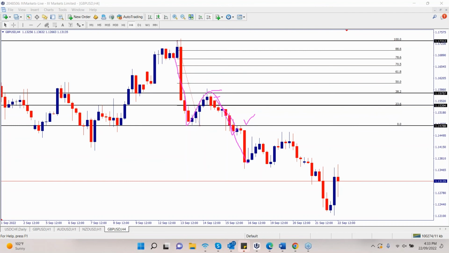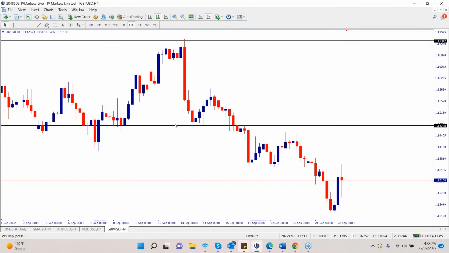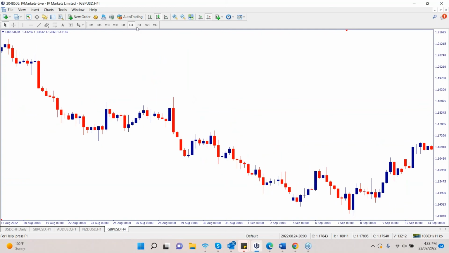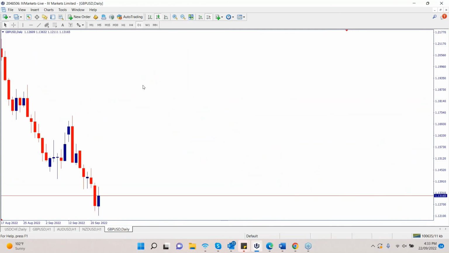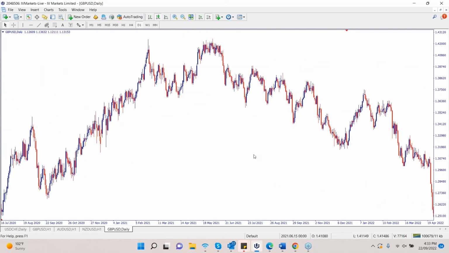Let's have a look at the bullish momentum, the bullish side of the market. So let me clear this here. Okay, perfect. So we have this bullish scenario.